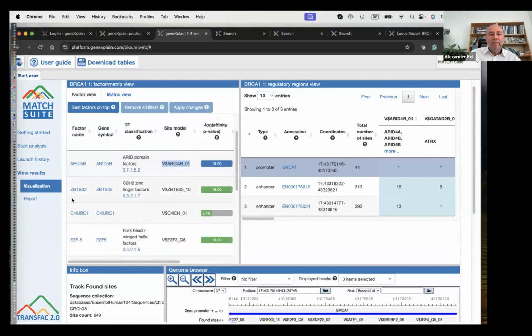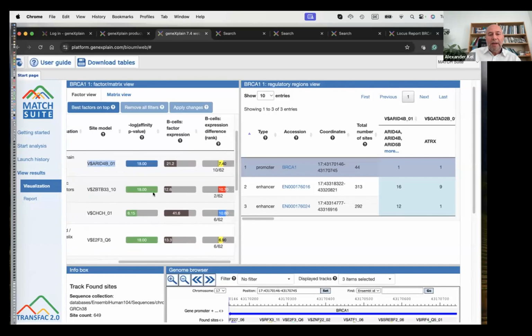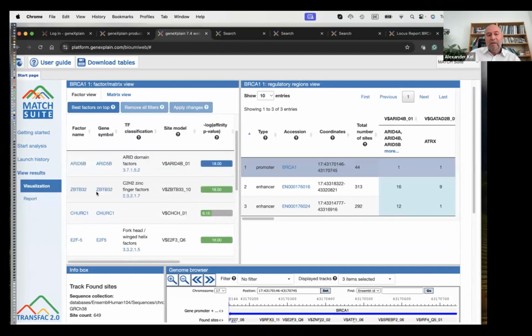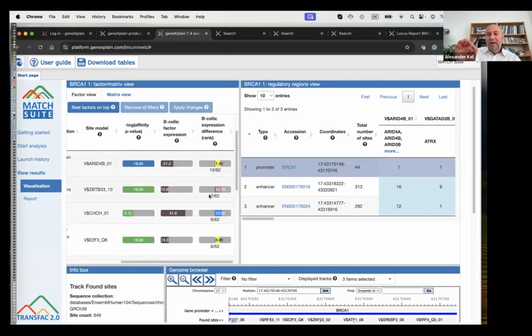The second factor, this one, also has quite high affinity, and in addition to quite good expression, it has also this nice thing, which tells you that it's not only highly expressed in that tissue, but it's also specifically expressed in that tissue. So 2 out of 62 means these B cells, in respect to the expression of that factor, are at position 2 if you sort all expressions of this factor in all 62 tissues.